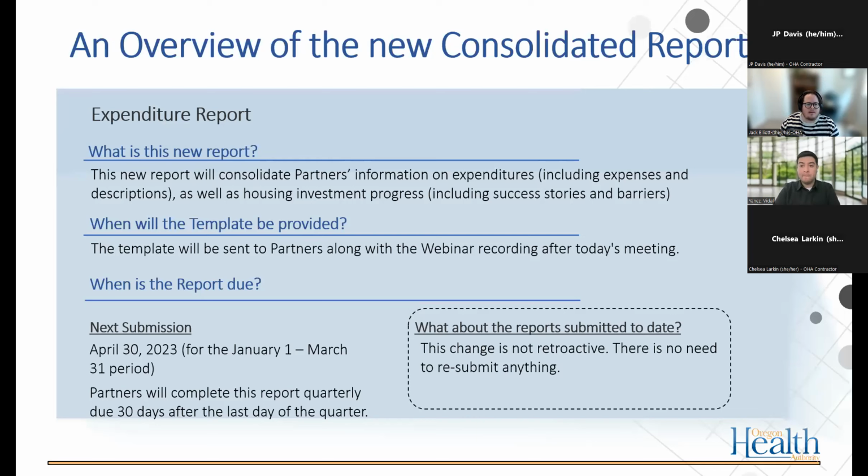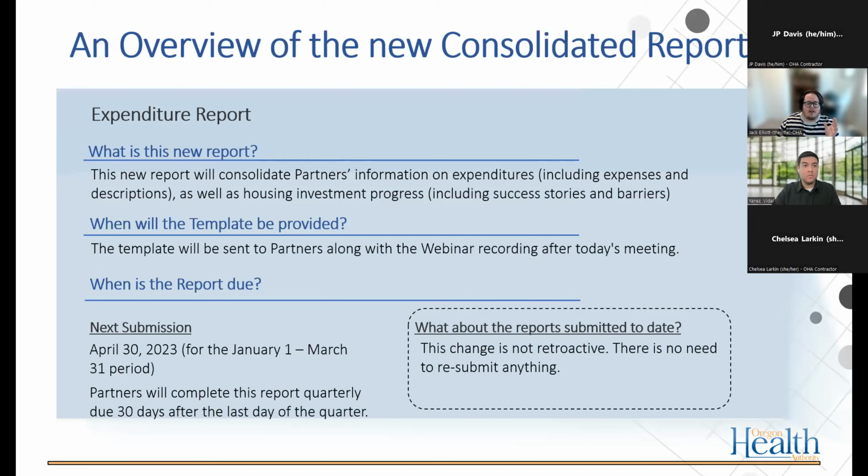So when is the report due? The next submission is going to be due on April 30th of 2023, so in approximately two-ish weeks from now. And that's for the January 1st through March 31st quarter. You'll have 30 days after each quarter is complete to submit your quarterly reports.